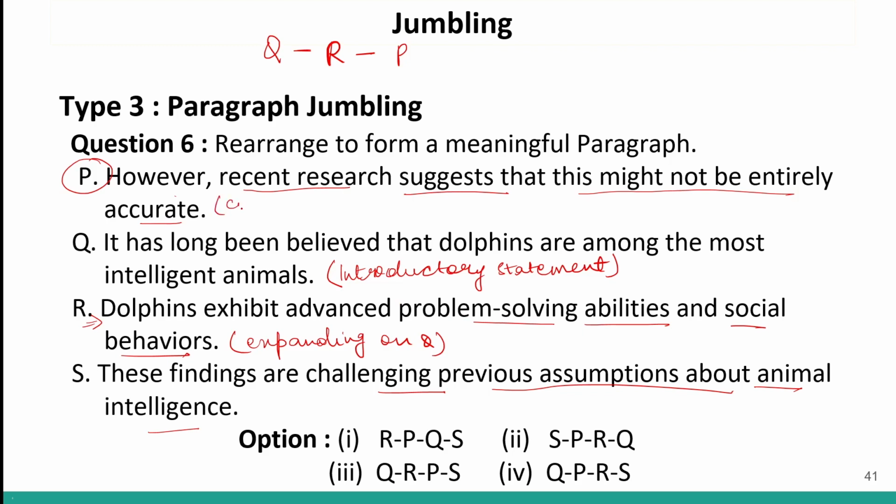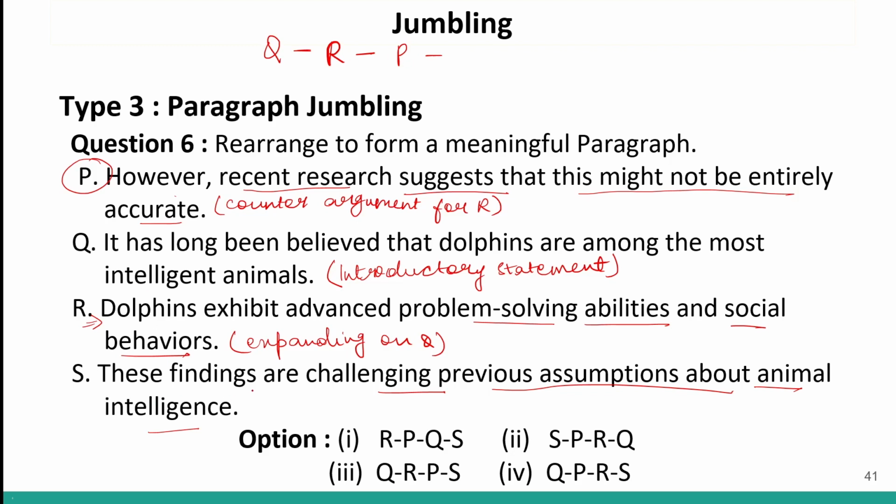So over here, we are presenting a counter argument for R. In R, we said that dolphins exhibit problem solving abilities, but in P, we are saying that recent research suggests that this might not be true. So in P, we are presenting a counter argument for R. So P will come after R, correct?